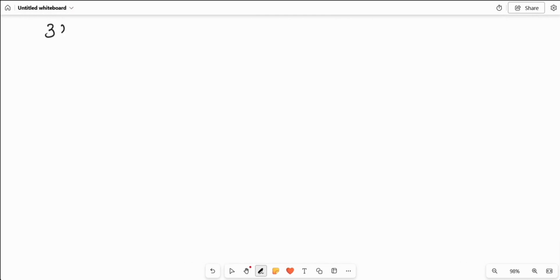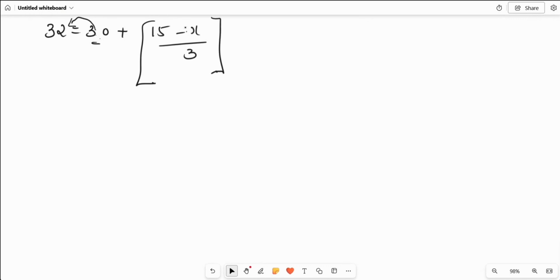So 32 is equal to 30 plus 15 minus x by 3. Since, see, these 30 plus something is there, so you can shift it to the other side. It will not become division, it will become subtraction because 30 plus something is there, right? 32 minus 30, it will be 2.